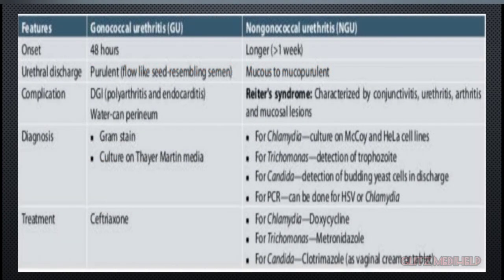The main differences are in this tabular column. The main thing we have to remember is the onset. In gonococcal urethritis, it's about 48 hours, whereas in non-gonococcal urethritis, the symptoms start only after 1 week. That is the main factor we have to remember.